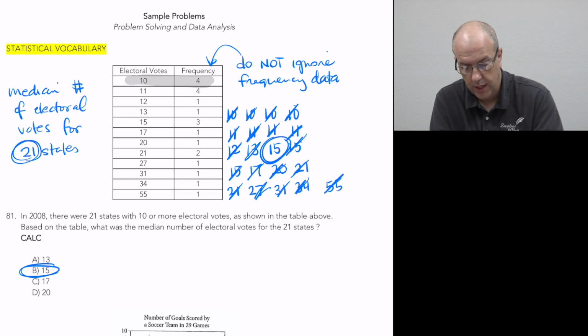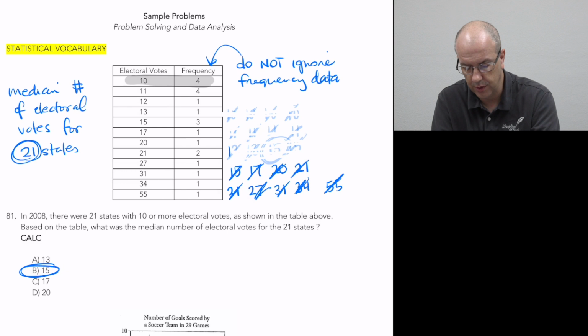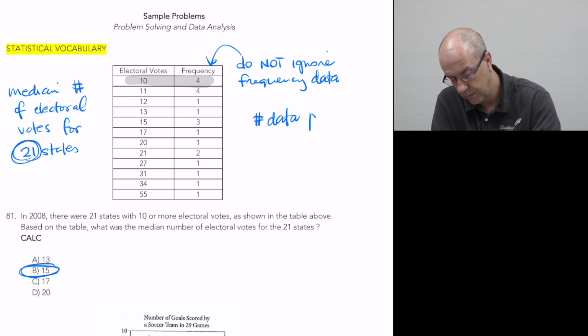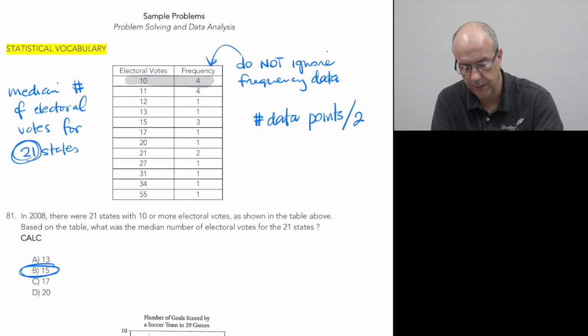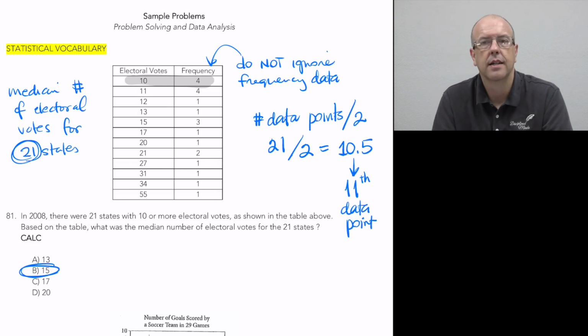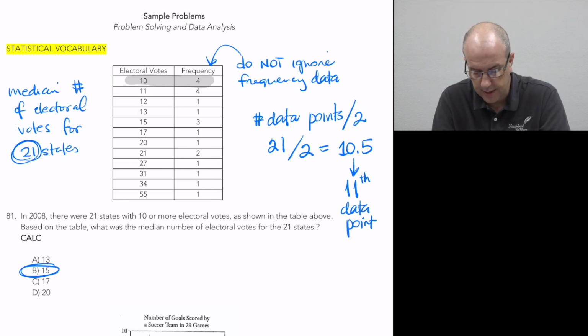Okay, so I would never do this unless I really, really needed to. So I would never write all of those out. I'm going to take the number of data points and I'm going to divide by 2. So 21 divided by 2 is 10.5, and I always round that up. So this tells me that the 11th data point is the median of this data set.